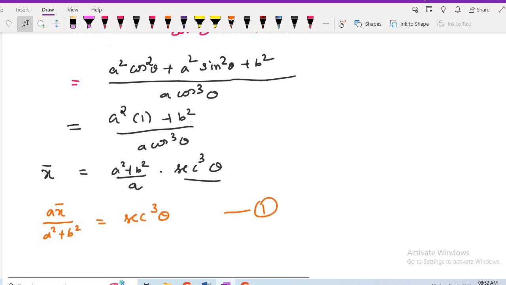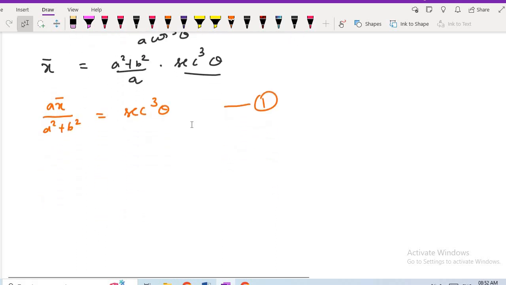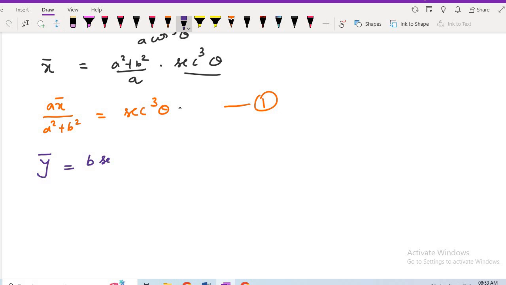In the same manner, we can replace the y1 and y2 values in y bar and get the result. Okay, so we can go for y bar. We already wrote the formula: y bar value is b tan theta, that is the y value is b tan theta, and then the formula plus 1 divided by the y2 value.